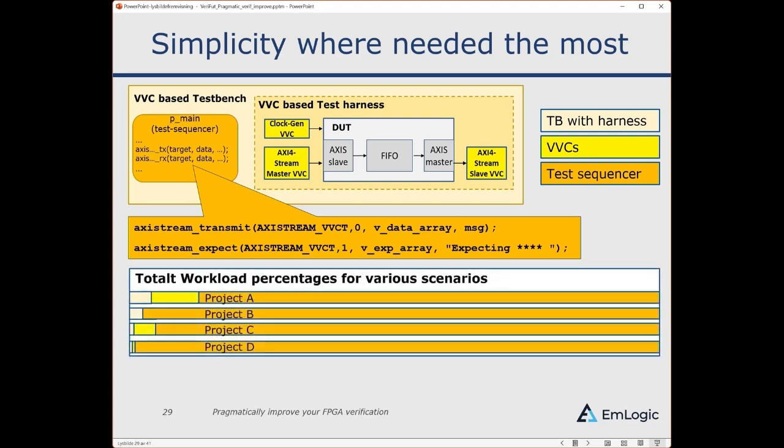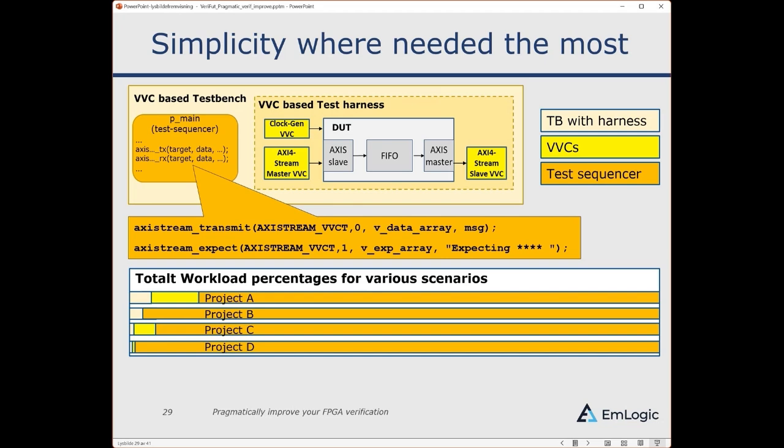But if you look at different scenarios and different projects, you might have project A where I have to make two or three new verification components. That's going to take some time. I have to make a complex test bench with these new verification components, but still, you spend a major majority of your time writing test cases, writing code in your test sequencers.